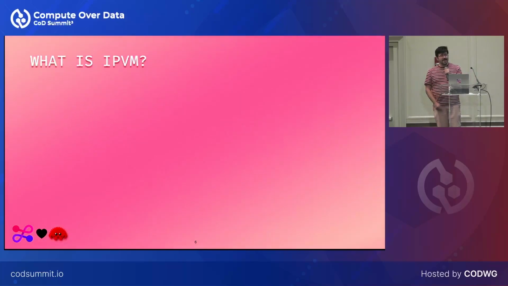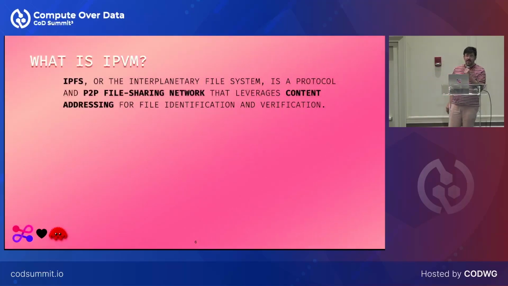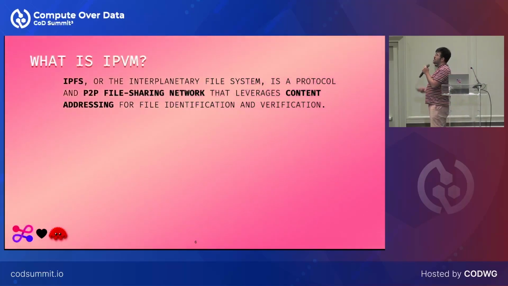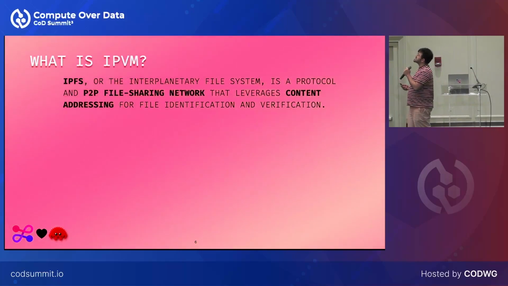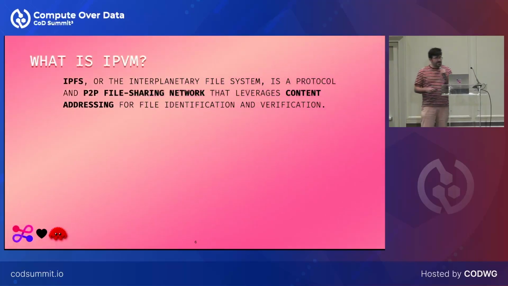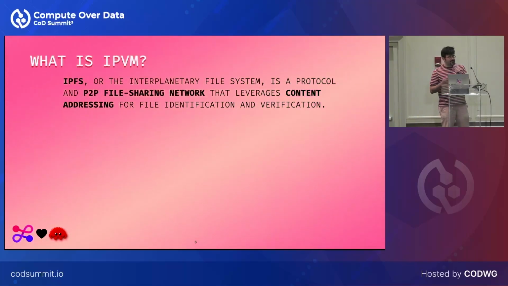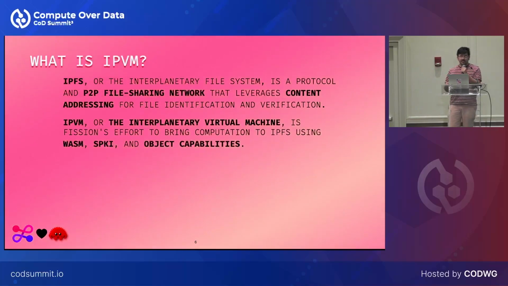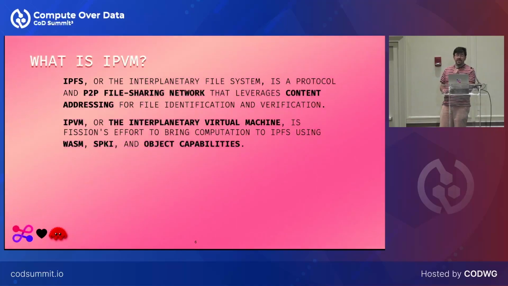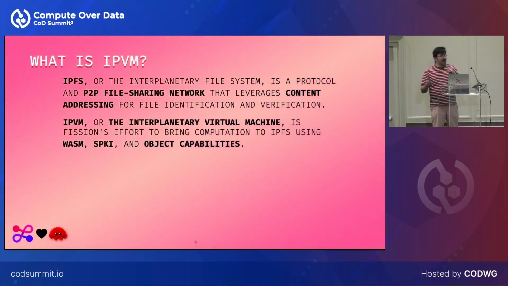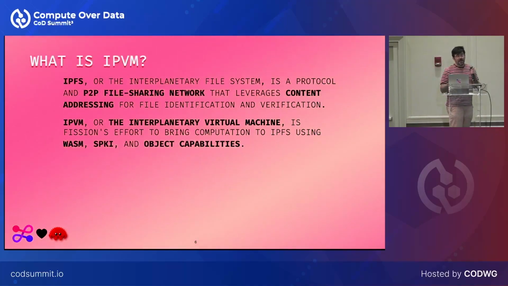So what is IPVM, or NIPVM? For people who know IPFS, I'm guessing most of the audience is pretty familiar with it. We know that IPFS is an interplanetary file system protocol, P2P file sharing, leverages content addressing for file identification and verification. IPVM, kind of leaning into this, is Fission's effort to bring computation to IPFS using Wasm, SPKI, System of Public Key Infrastructure, and object capabilities.